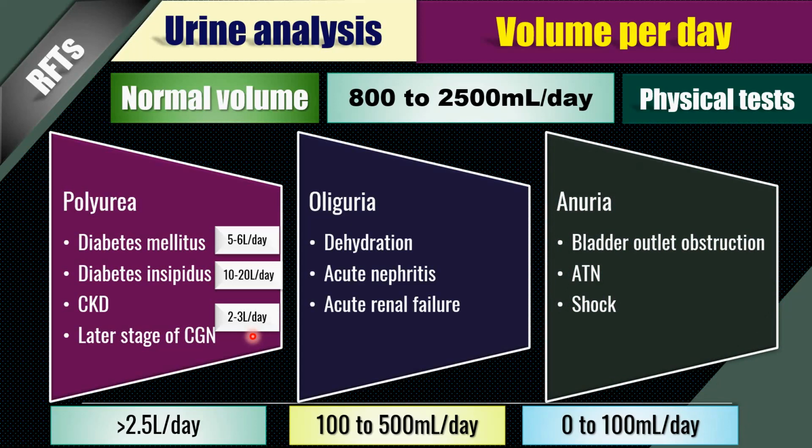This might be due to bilateral obstruction of the ureter due to stones, or acute tubular necrosis, and even in shock there may not be urine output at all. But practically speaking, if urine output is less than 100 ml per day, we can call it anuria. Again, you need to remember that the total volume per day also depends upon the climate, temperature, and the person's habit of drinking water.